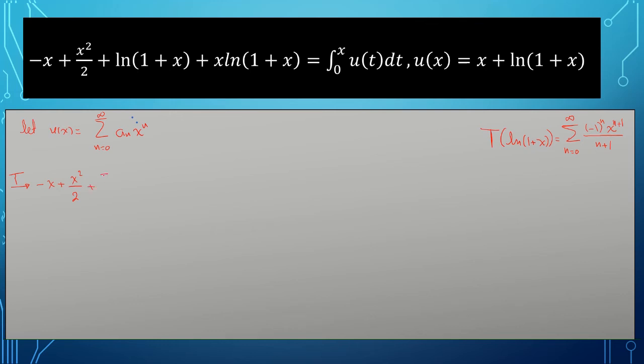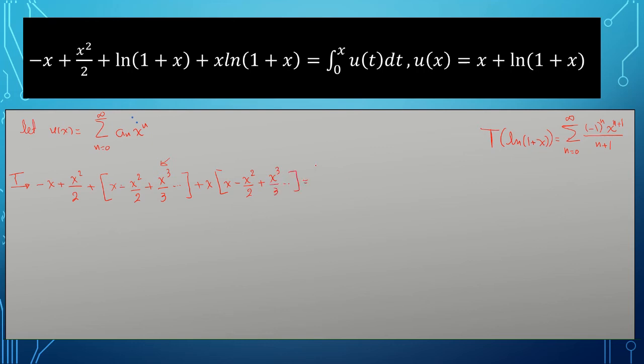And then we write t ln(1 plus x), which is x plus minus x squared over 2 plus x raised to 3 over 3, and so on, plus x multiplied with this same bracket, which is x minus x squared over 2 plus x raised to 3 over 3, and so on.